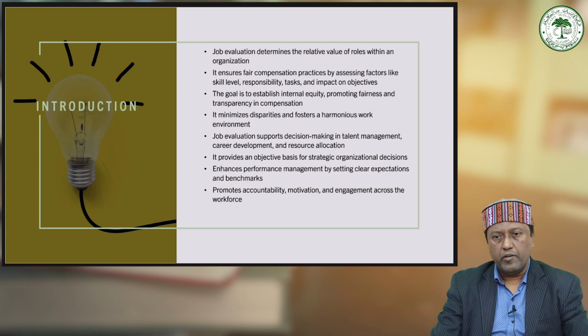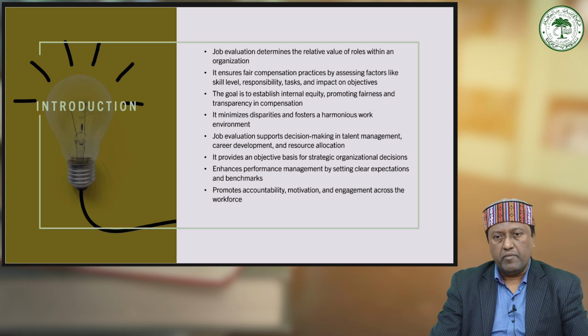Moreover, job evaluation serves as a vital tool for supporting organizational decision making processes related to talent management, career development, and resource allocation. By providing an objective basis for determining pay levels, promotions, and job classifications, job evaluation enables organizations to make informed and strategic decisions that are aligned with their business objectives and long-term sustainability.